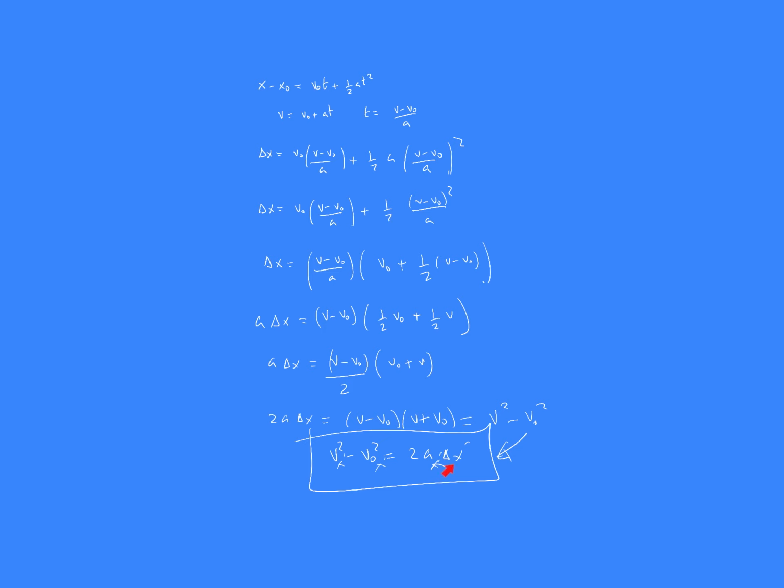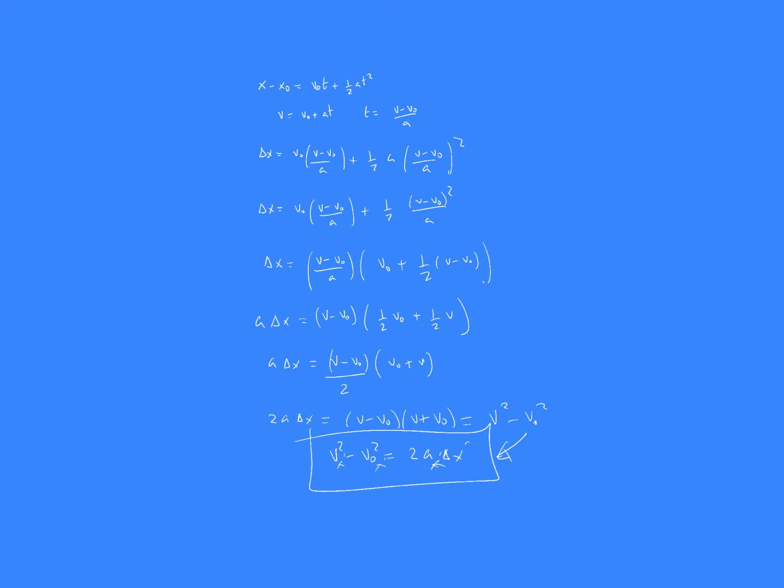This is a useful equation that relates the velocity not with the time, but with the displacement and with the acceleration. So the square of the velocity is related with the acceleration of the object and the displacement.